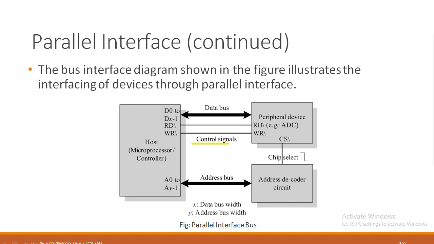You can see here that control signals are used to control the communication between the host and device, so we require control signals for controlling that communication. The communication control signals in this parallel interface are the read and write signals.